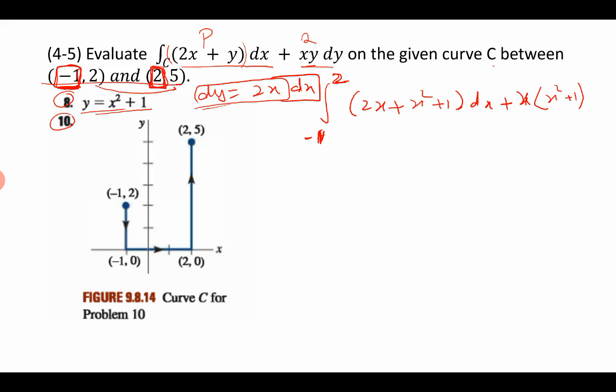Now simplify all. It will be -1 to 2, here 2x times x square, here it will be x cube.